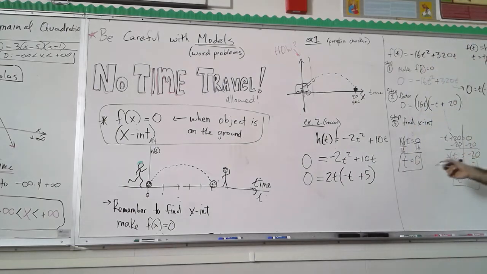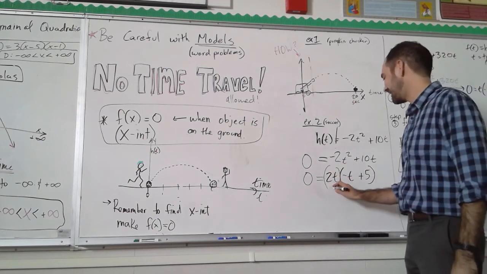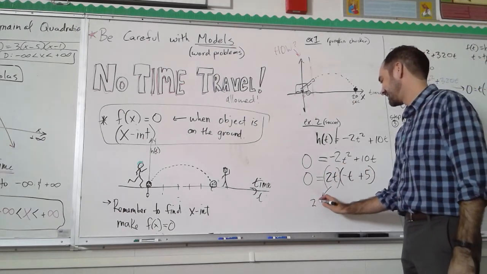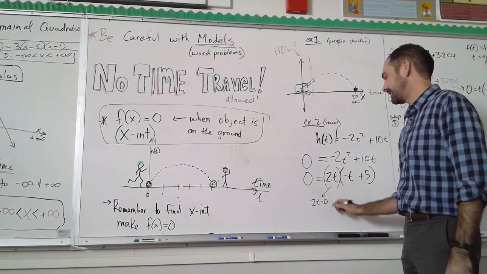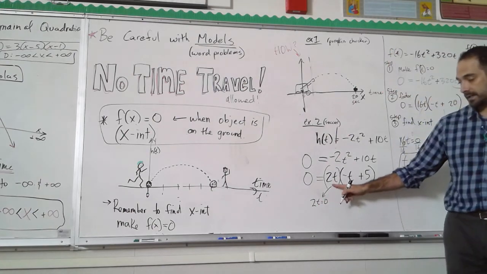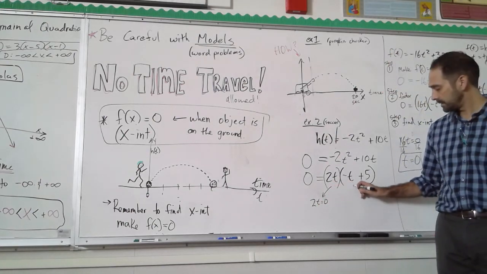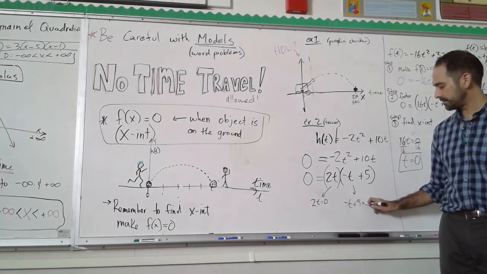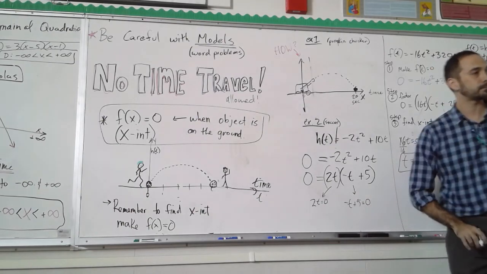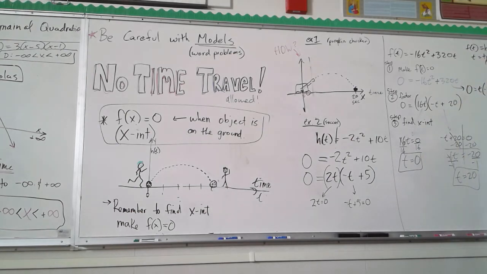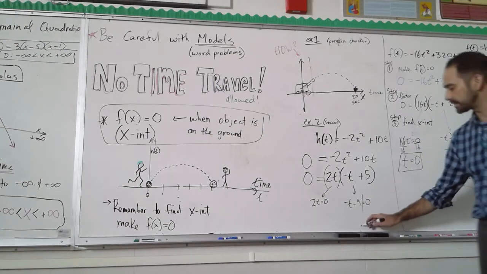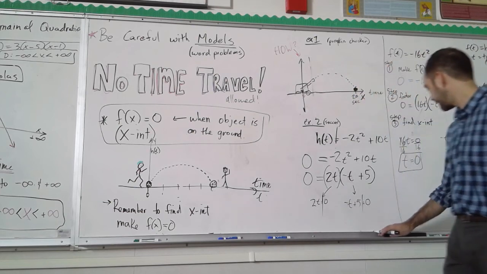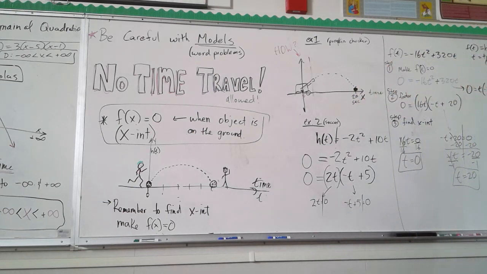Okay. 2t is equal to 0. I take this, I make it equal to 0. Negative t plus 5 equal to 0. These are just two equations we need to solve. They're going to be pretty quick. Almost one step for one of them.